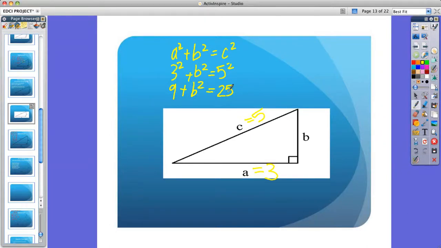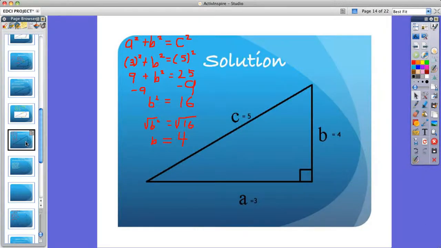Then we subtract 9 from 25, so that will make B squared equals 16. Then we take the square root of both sides, so then we know that the answer is B equals 4. Good job, Heather. Let's see if you are correct.